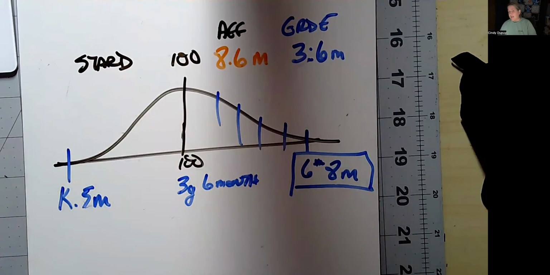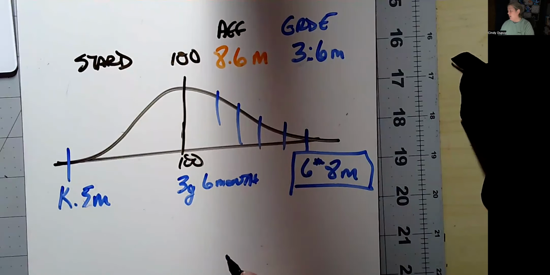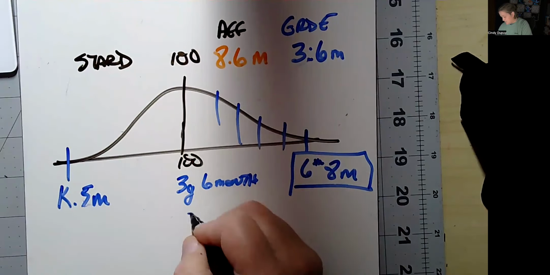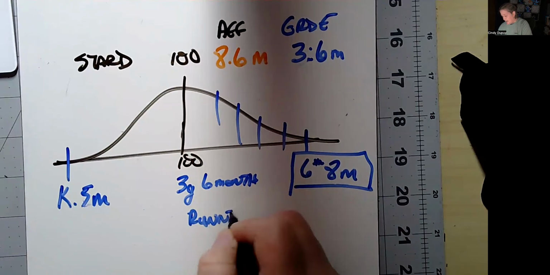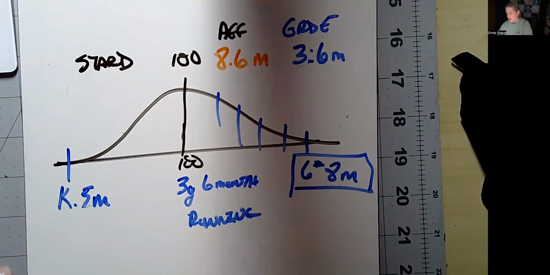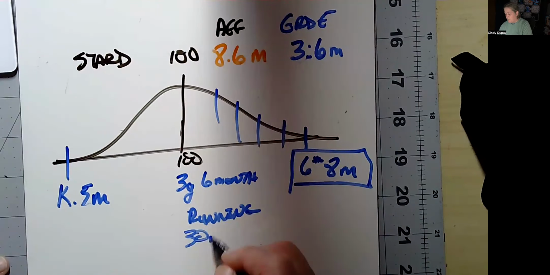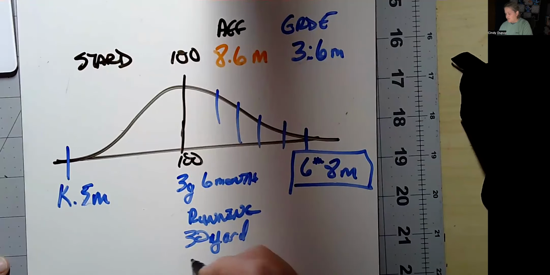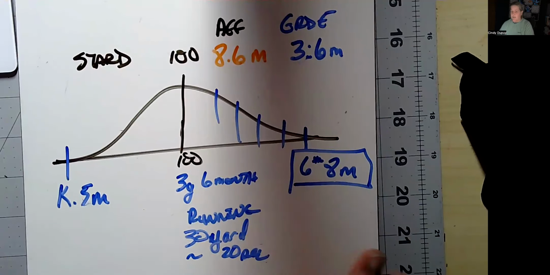I could put in a metric of running distance. And I could say, hey, your student can run 30 yards in a certain number of seconds. I'm just randomly making this up.